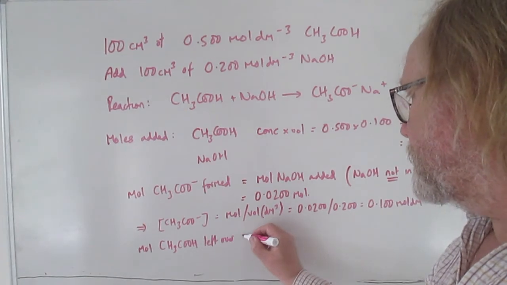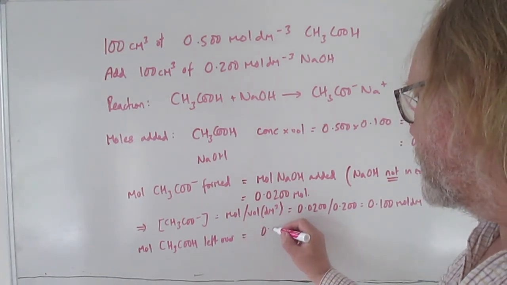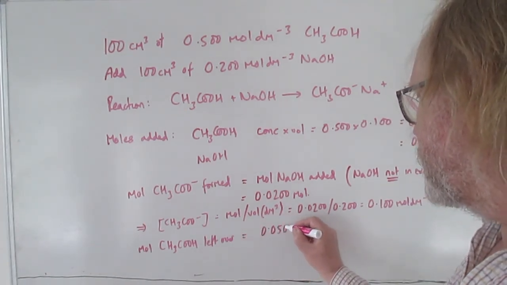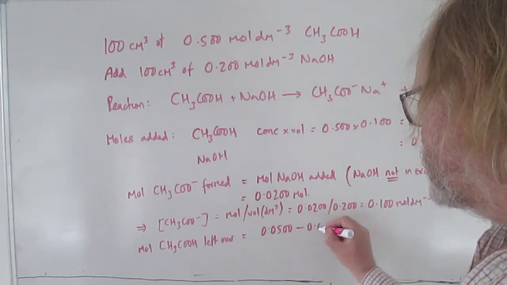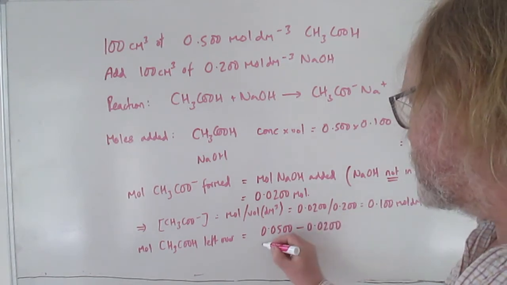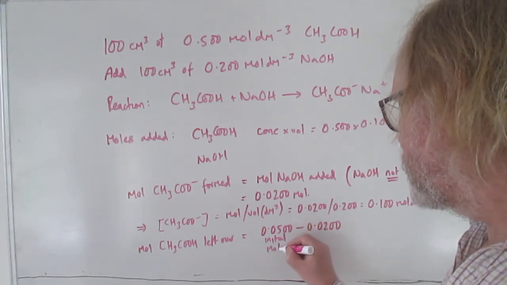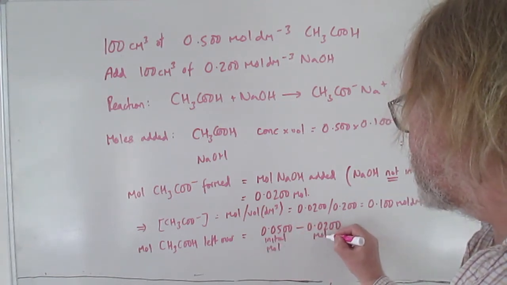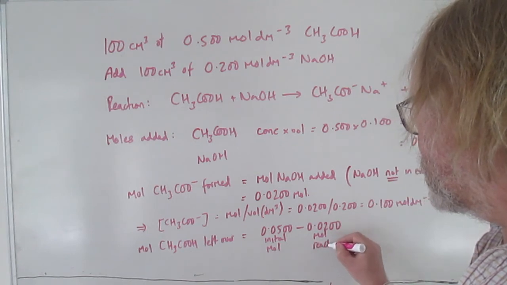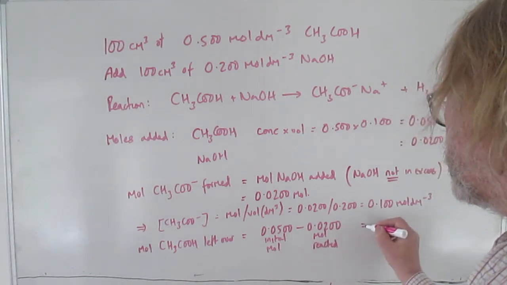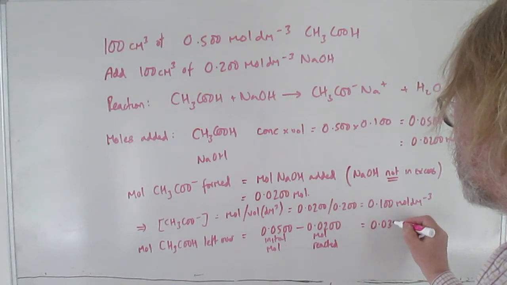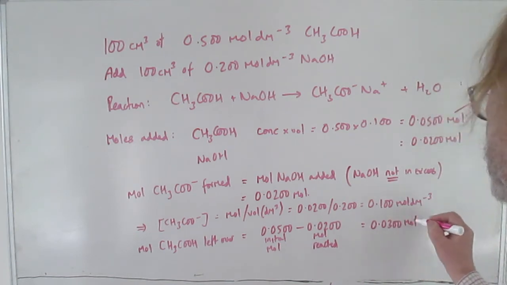So the moles of ethanoic acid left over is 0.05 minus 0.02, the initial moles minus the moles reacted, which is 0.03 moles left over.